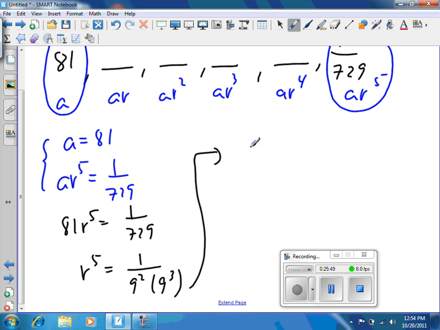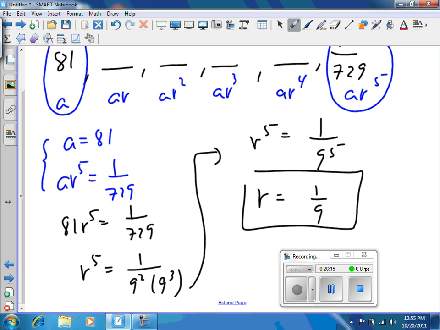So if I'm finding the fifth root, if r to the fifth is 1 over 9 to the fifth, what's r? One over 9. If you don't like doing this, you can put it in your calculator and take the fifth root. Same thing. All right, so I have r.